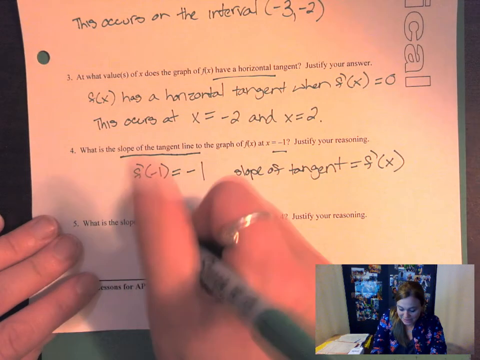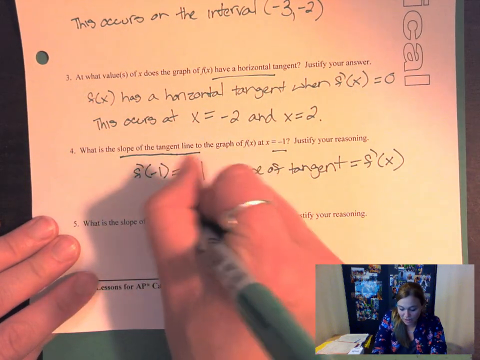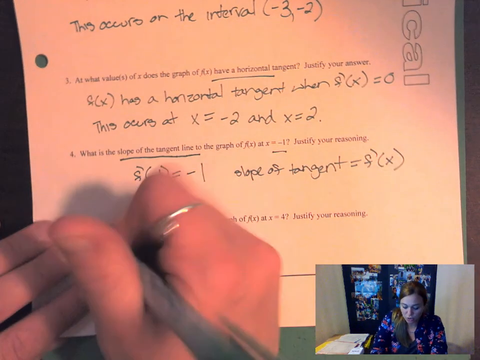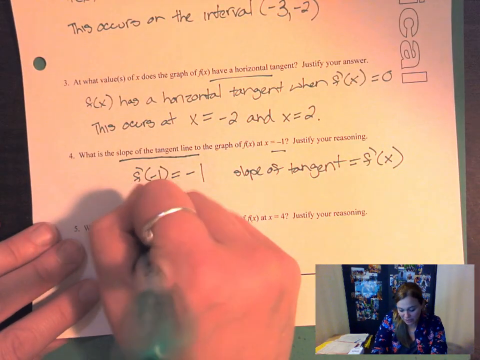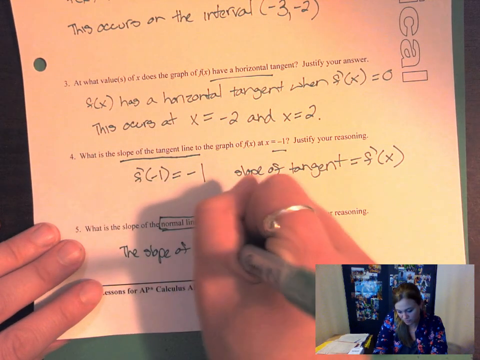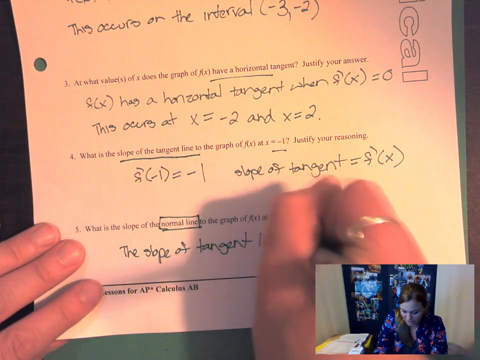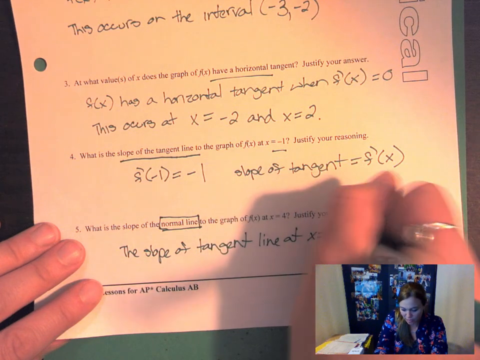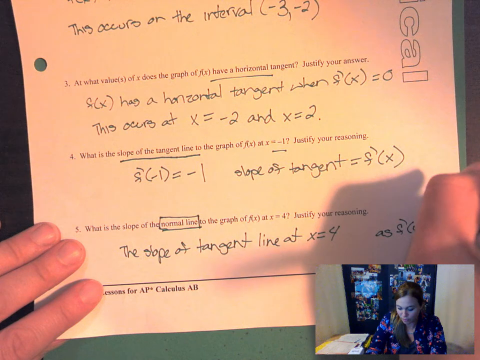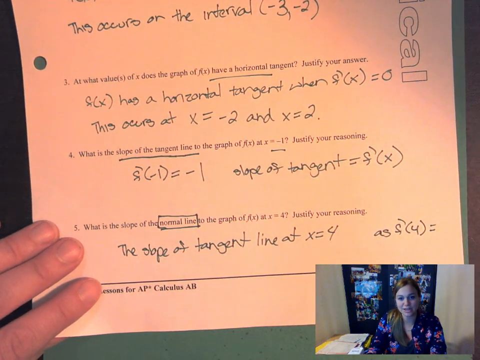Okay, last one. What is the slope of the normal line? The normal line is perpendicular. It's the line perpendicular to the tangent line. So I'm going to say the slope of the tangent line at x equals 4. And remember, slope of the tangent line is where f prime of 4, like slope of the tangent is the derivative.